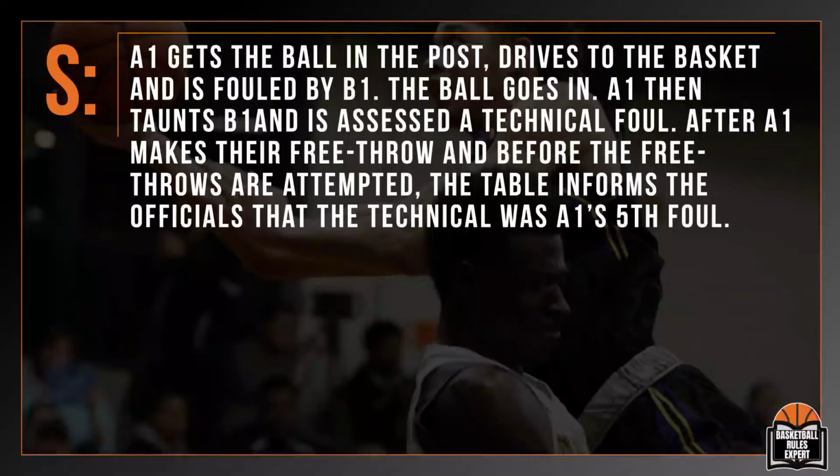A1 gets the ball in the post, drives to the basket, and is fouled by B1. The ball goes in. A1 then taunts B1 and is assessed a technical foul. After A1 makes their free throw and before the free throws for the technical are attempted, the table informs the official that the technical foul by A1 was his fifth foul.